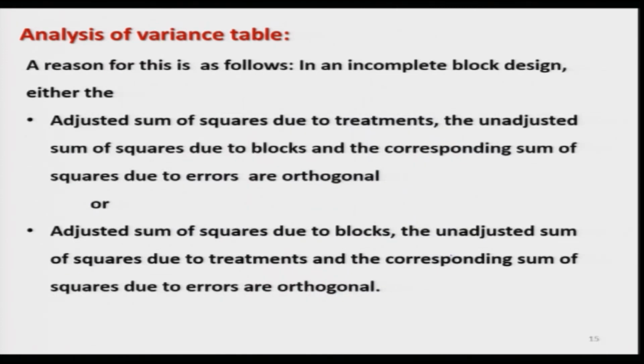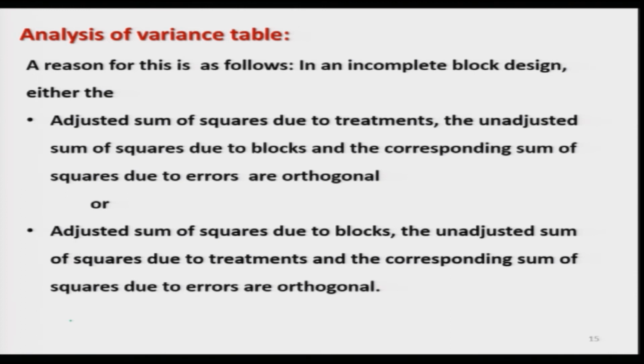So, now the simple question comes: why am I repeating again and again that you need to have two different analyses of variance in the setup of an incomplete block design?